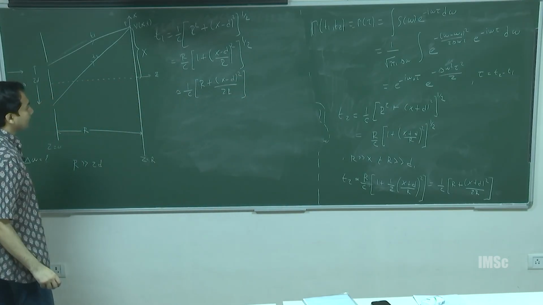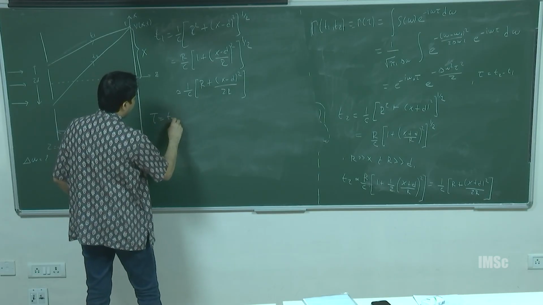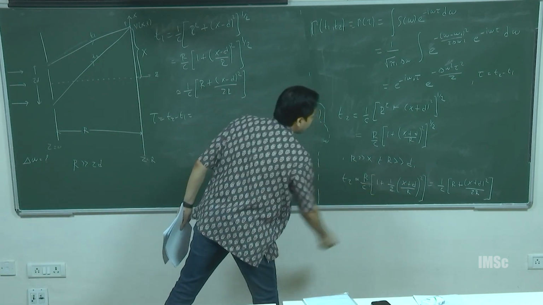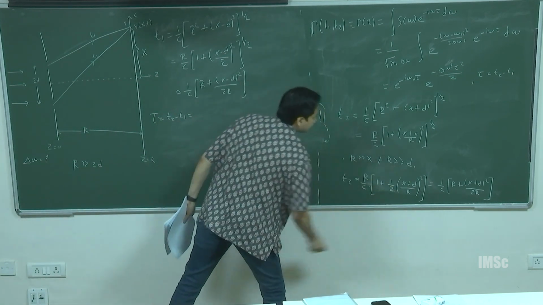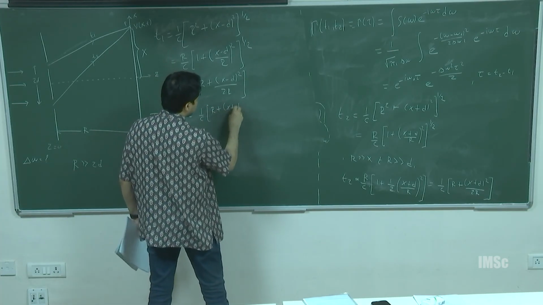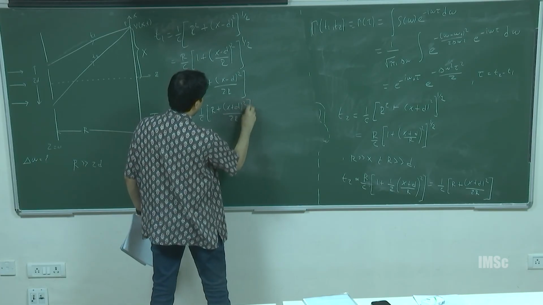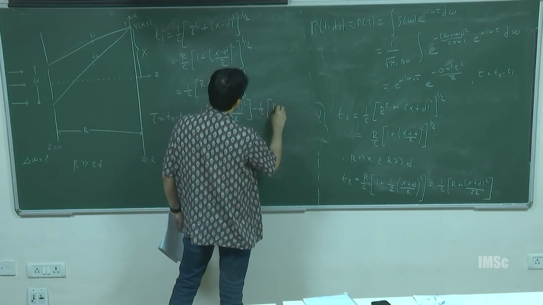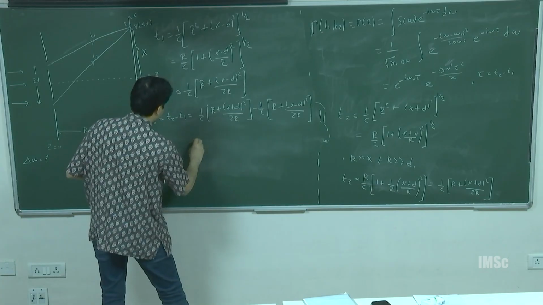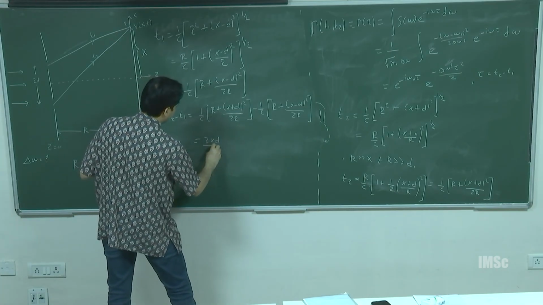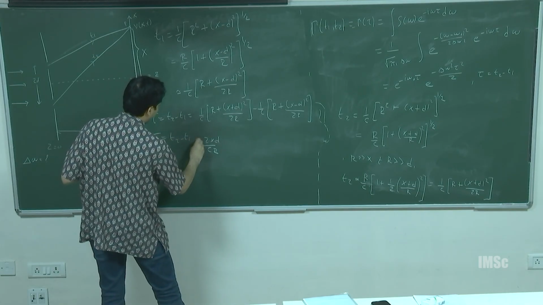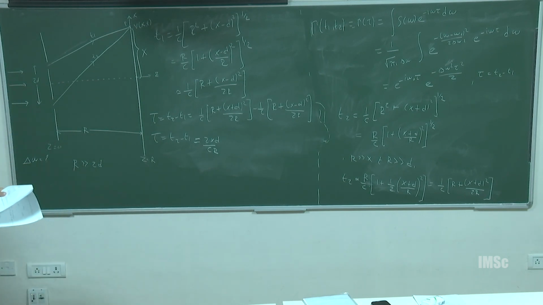So this is what we get. So now what is tau? T2 minus T1, which is nothing but this term. So this is what we get.